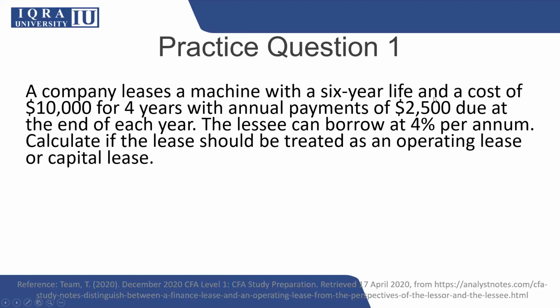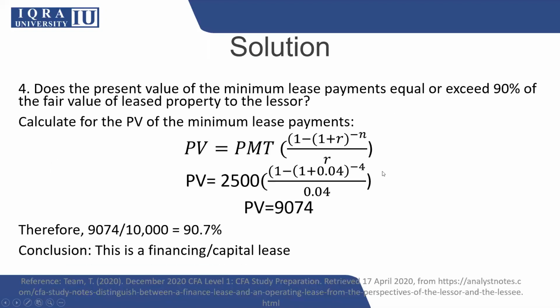As you can recall from the concept of time value of money, this payment can be taken as an annuity. So if we convert this annuity into present value, we can see whether it is meeting the last criterion or not.